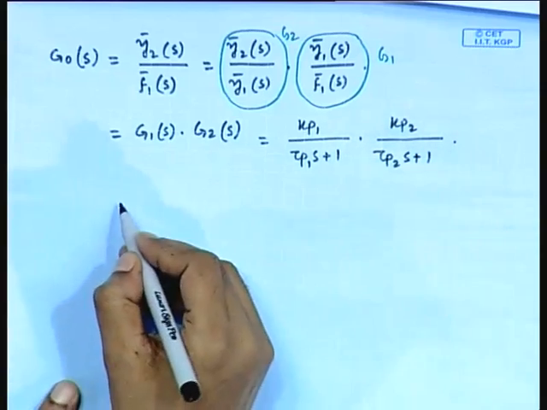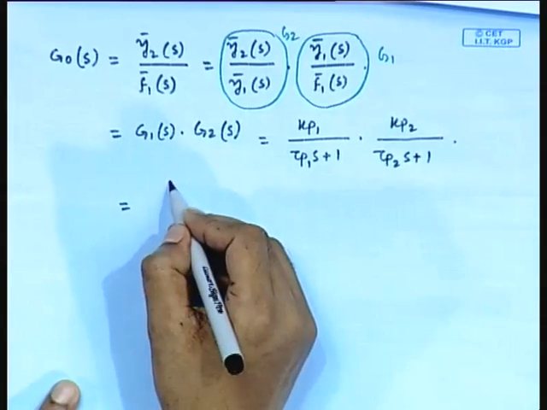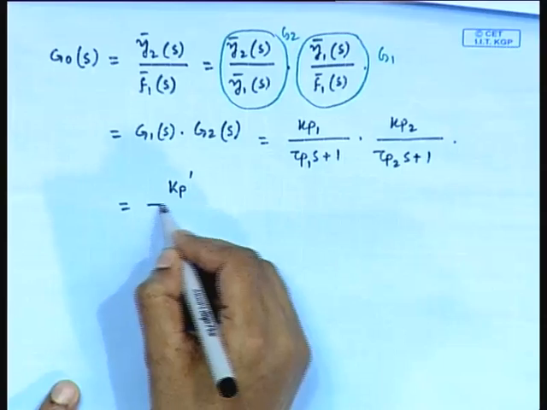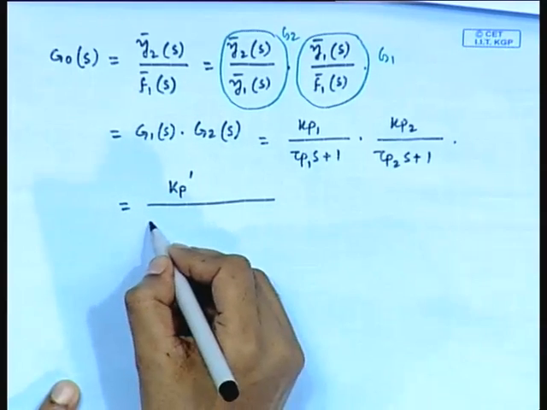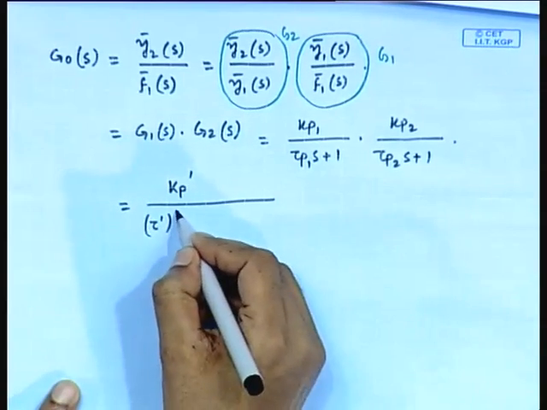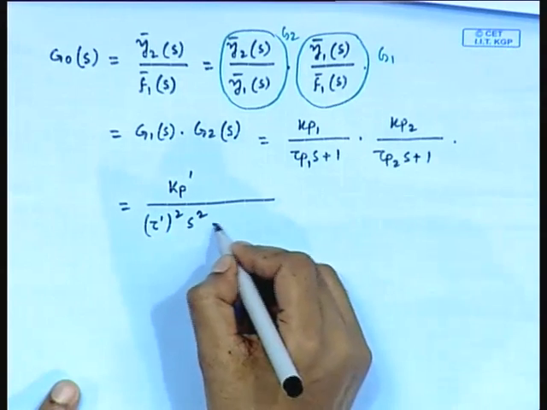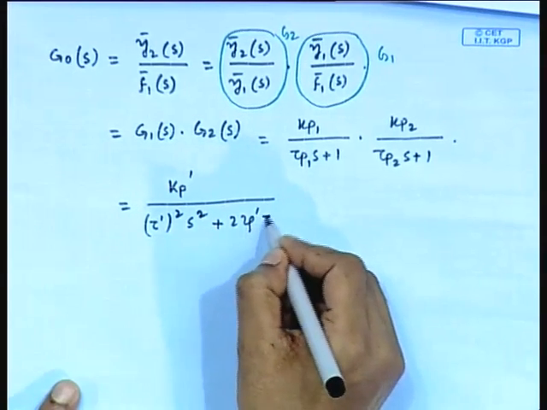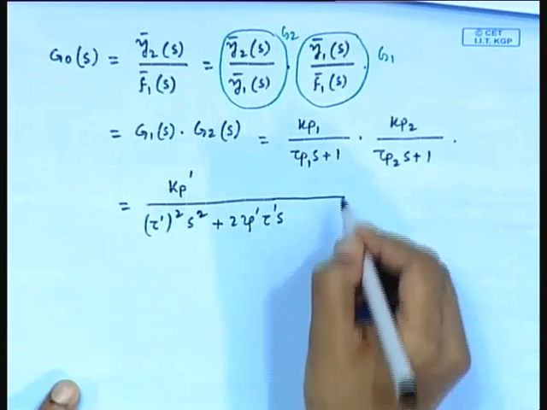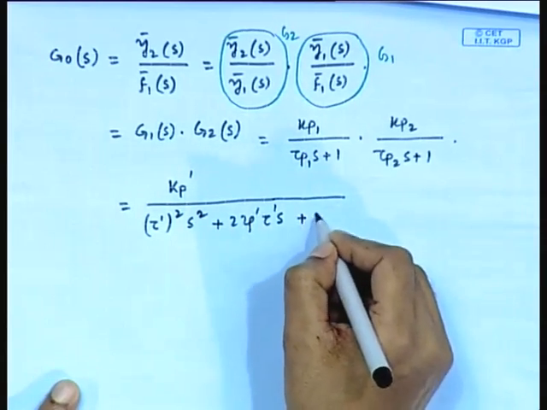Fine. So, we can write this expression as Kp prime divided by tau prime squared s squared plus 2 zeta prime tau prime s plus 1.